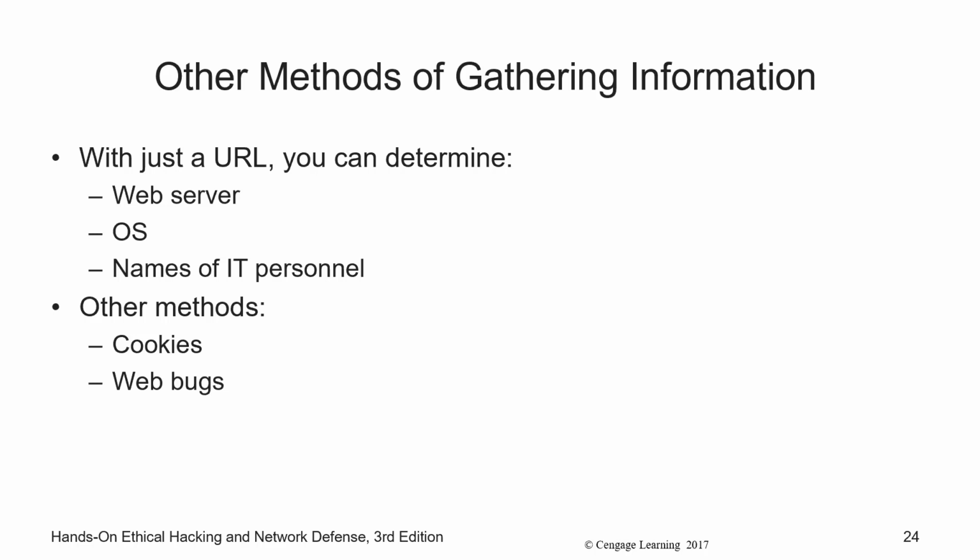Cookies. I don't know what they mean by web bugs. Apparently I must not have been in the industry long enough if I don't know what web bugs are. So I assume they mean vulnerabilities. But maybe I'm wrong.